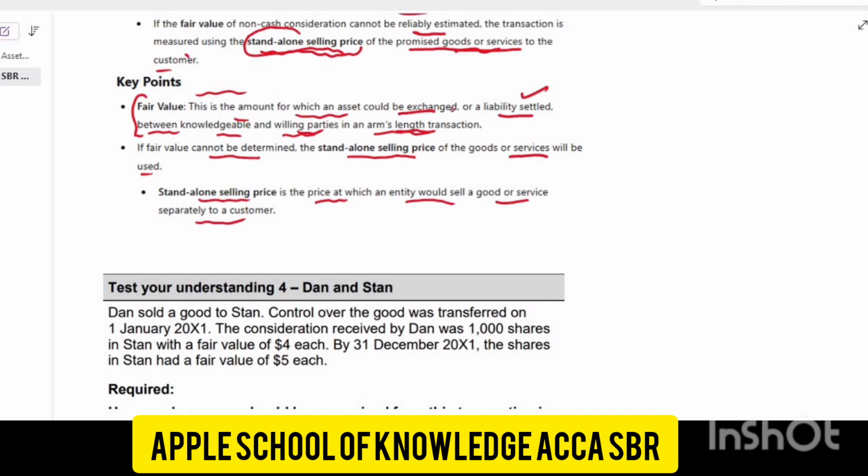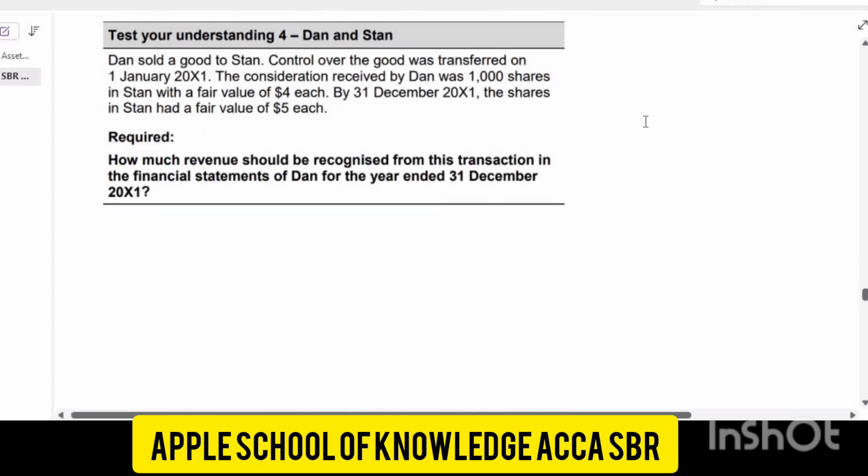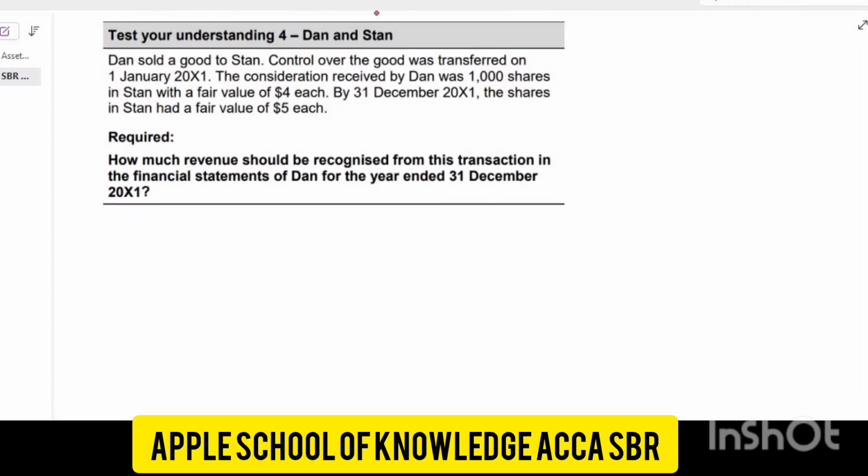Now here we have an example. See how much revenue should be recognized from this transaction in the financial statements for the year ended 31st December 2001. Dan sold goods to Stan. The control of the goods was transferred on 1st January 2001, and we are accounting for the year ended 31st December 2001.